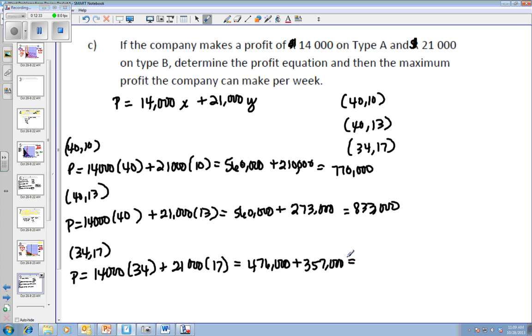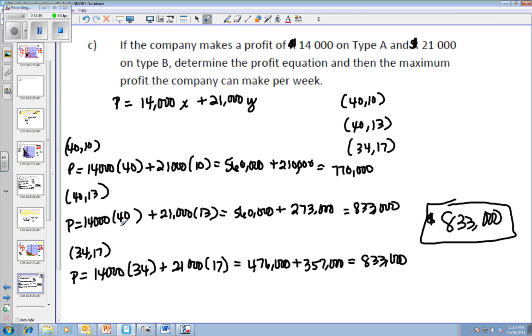And when I add those together, I get the same thing, $833,000. So my maximum profit is $833,000, and they're going to get that by either making 40 of type A and 13 of type B, or 34 of type A and 17 of type B. Okay?